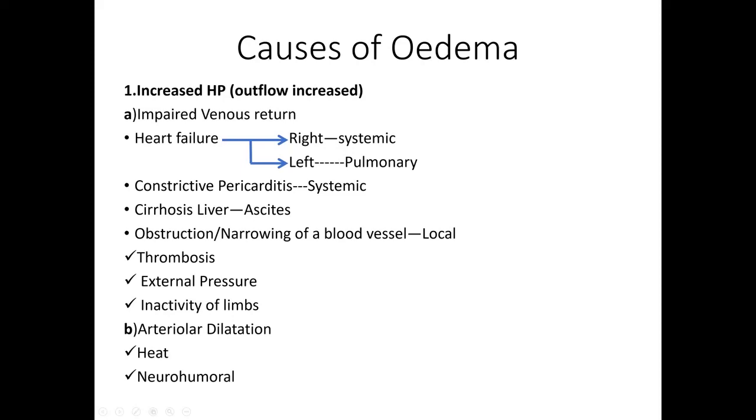There is heart failure: right heart failure resulting in systemic edema, whereas left heart failure resulting in pulmonary edema; constrictive pericarditis resulting in systemic edema; cirrhosis of liver leads to ascites; obstruction or narrowing of the blood vessel leads to local edema, and this obstruction may be due to thrombosis, external pressure, inactivity of limbs; then arteriolar dilatation, which is seen in heat, and neurohumoral activation.